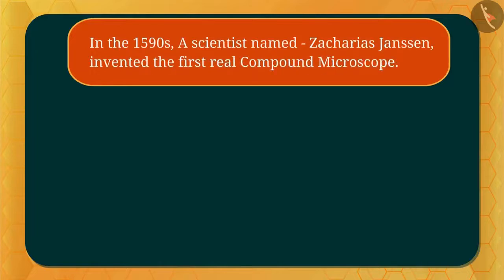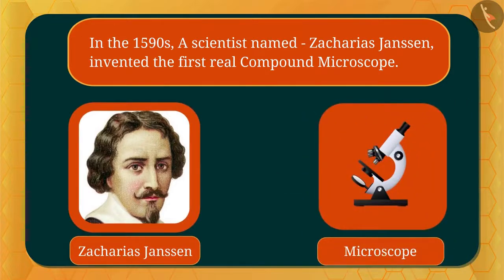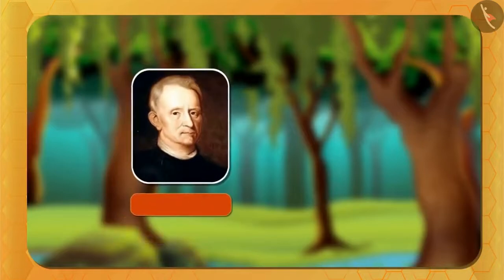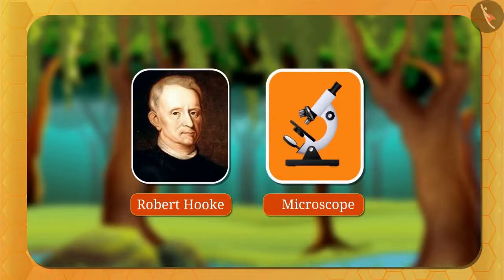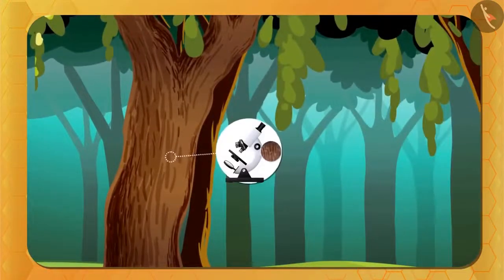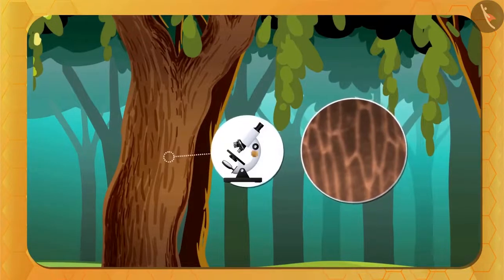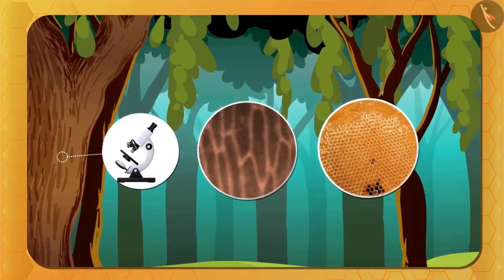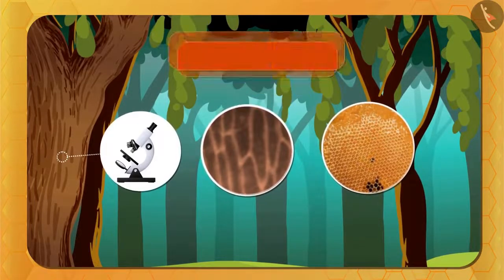In the 1590s, a scientist named Zacharias Janssen invented the first real compound microscope. Then, in 1665, a great biologist named Robert Hooke examined the bark of a tree in the compound microscope, and he found out that the bark of this tree had many small cells whose structure is similar to a beehive. He called these blocks a cell.